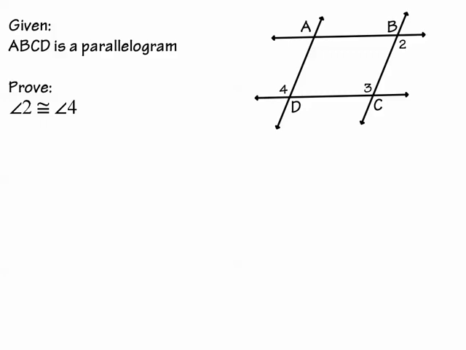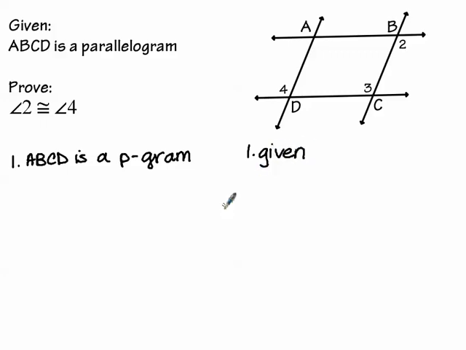So in this case, where the angles we're trying to prove something about are not interior angles in that parallelogram, that's where I want to use those angle pairs that we talked about in a previous chapter. So we start by setting up our proof with our given. ABCD is a parallelogram, and that would be given.